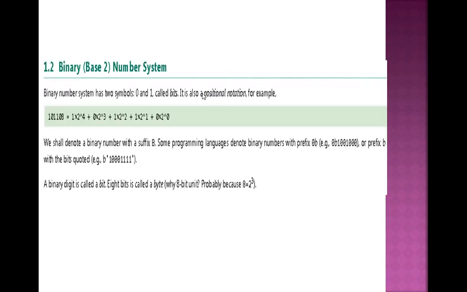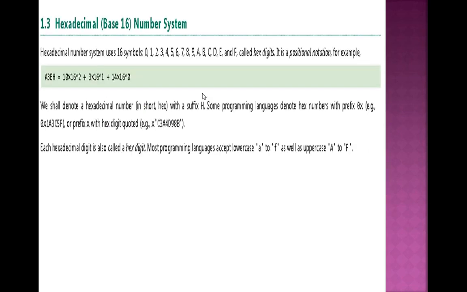Then we studied the binary number system that has base 2, with a range of 0 and 1. Then we studied hexadecimal that has base 16, starting from 0 and ending with 15. First 0 to 9 are the digits and then A to F are the characters. That is, A has a value 10, B has a value 11, C has a value 12 and so on till 15, which is the character F.